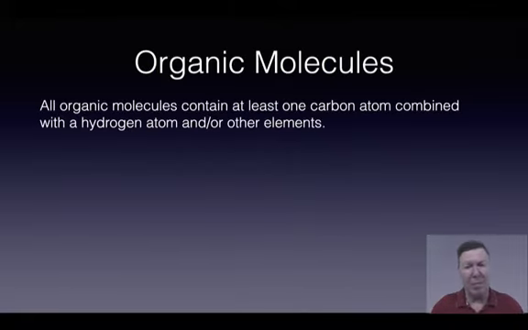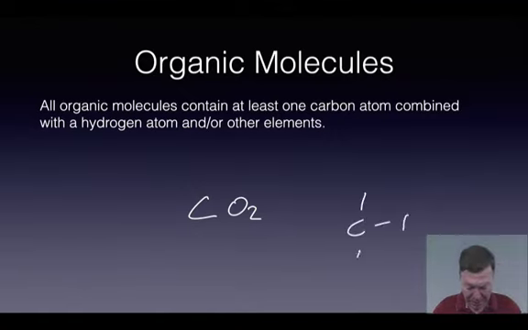Carbon is an organic molecule, or it is part of all organic molecules. All organic molecules contain at least one carbon atom, usually combined with hydrogen. That's why carbon dioxide, which is CO2, doesn't count, since it doesn't have any hydrogen in it. On the other hand, something like methane, CH4, is considered an organic molecule.